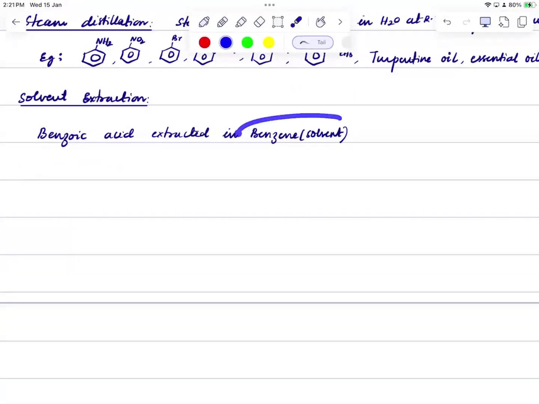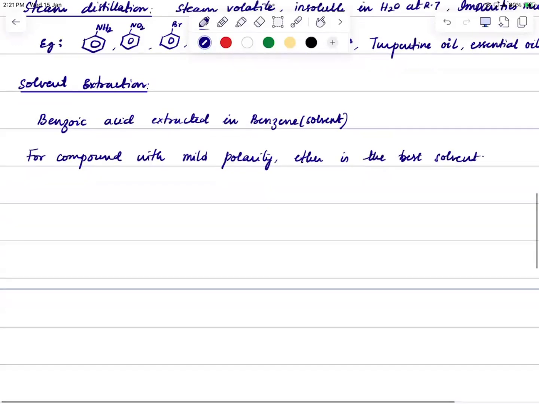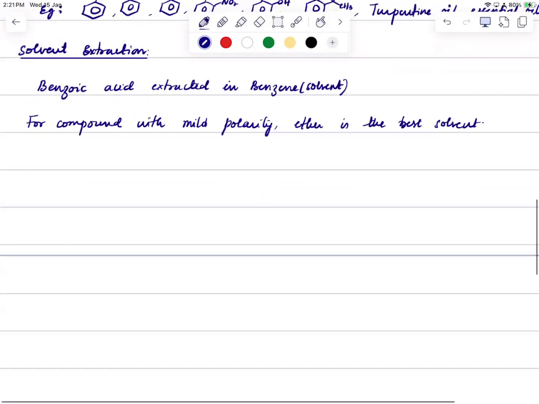And generally, for compounds with mild polarity, ether is the best solvent, correct? That's why this was a question in 2024 also, which is the best solvent in differential extraction. That's how it is being asked. It is ether. And reasons for ether also were asked because of less polarity.